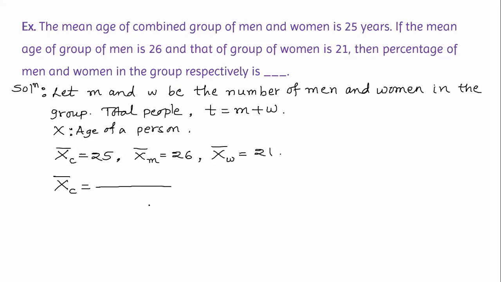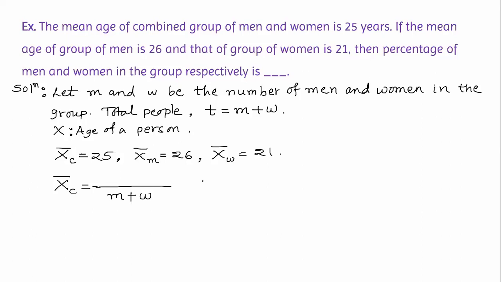So here, in the denominator, total number of observations means number of men plus number of women. In the numerator, we must have the sum of ages of men as well as women. Now we know that there are M number of men and their average age is xm bar.